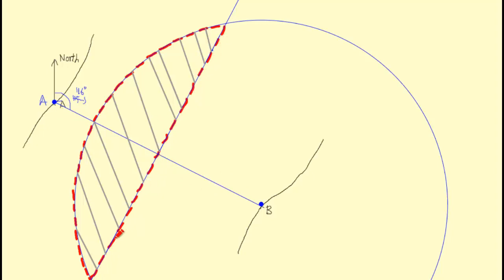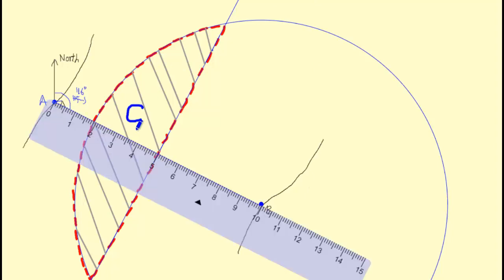That's why it is also a broken line. So the rock will be in this region, excluding the boundary lines. And the shortest possible distance from point A to the region C is approximately 1.9 to 2 centimeters.